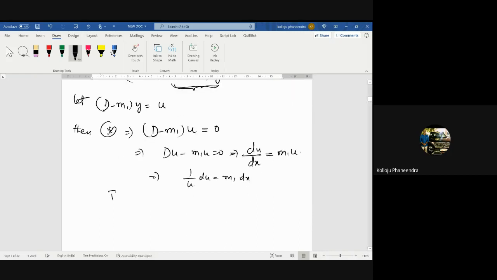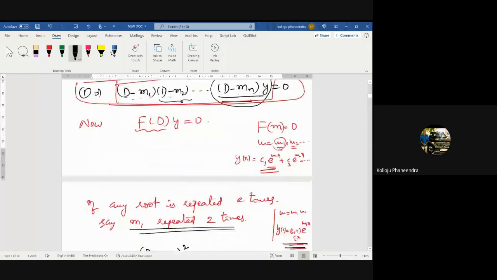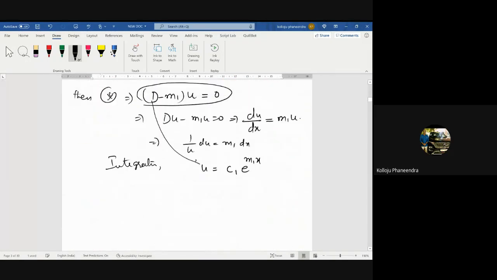Integrating, we get finally the solution u equal to some constant c1 into e power m1x. Same logic for this equation. Just now we derived the solution for D minus m into y, so same logic gives this solution.